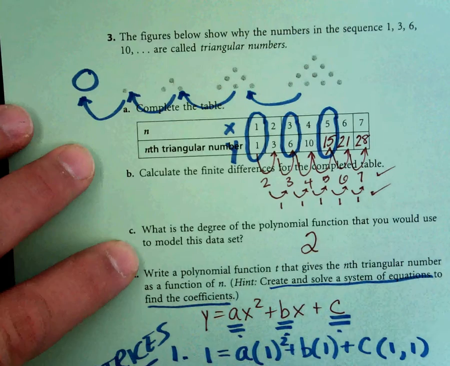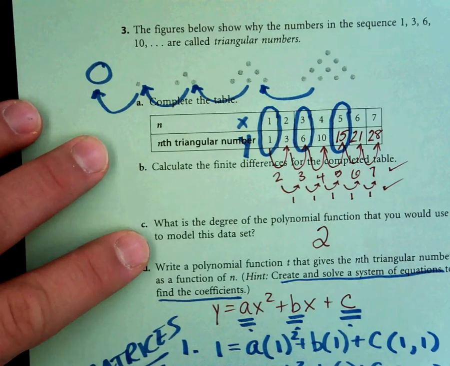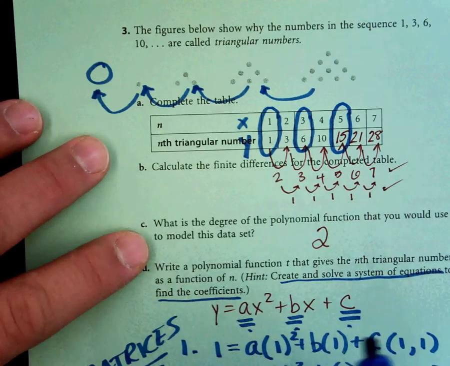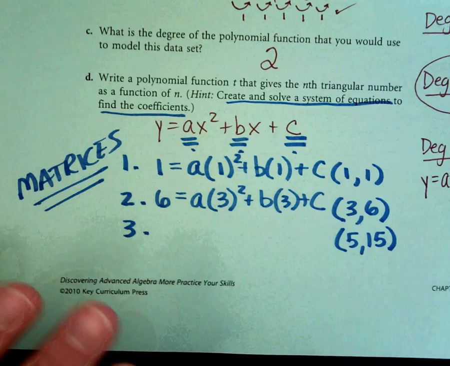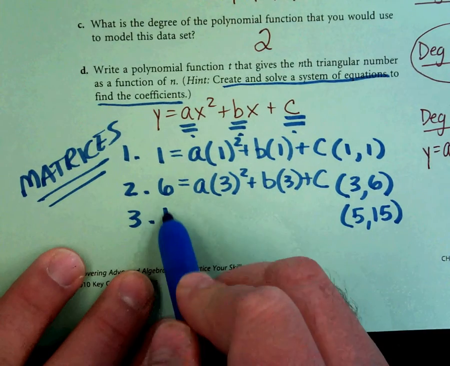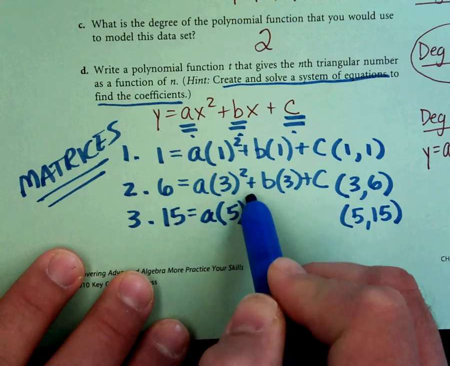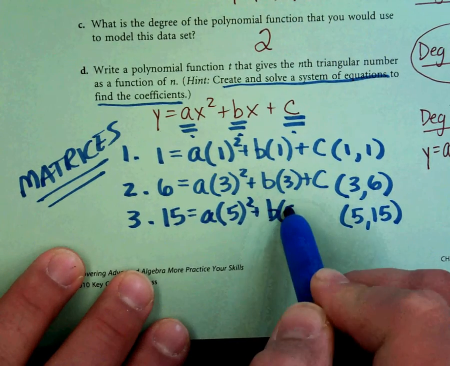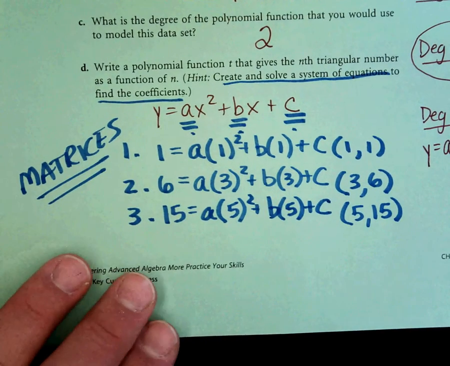So in stage 0, you would have 0 dots. So C would be the y-intercept 0. Okay? That's a good discovery. It's not actually necessary, I don't think, because we can just put in 15 for y, 5 for x, and keep C in there.